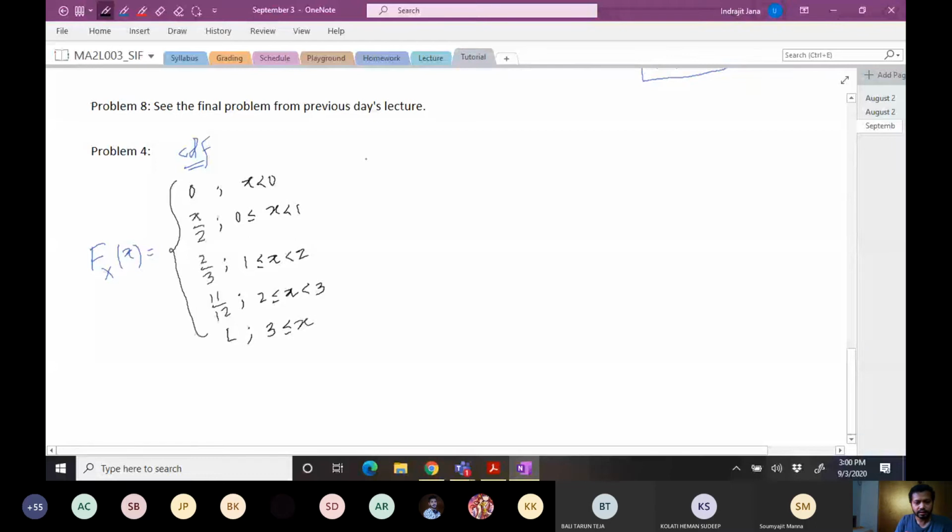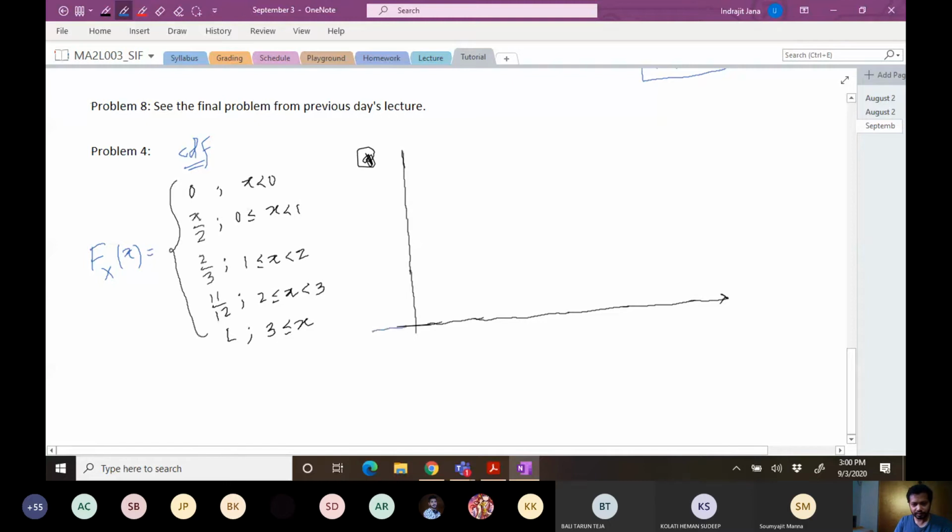The first part of this problem is asking you to draw the picture. Even if the problem did not ask you to plot, it is always a good idea to plot the picture. So let's plot the picture. The first domain is less than 0, so we don't care about that.